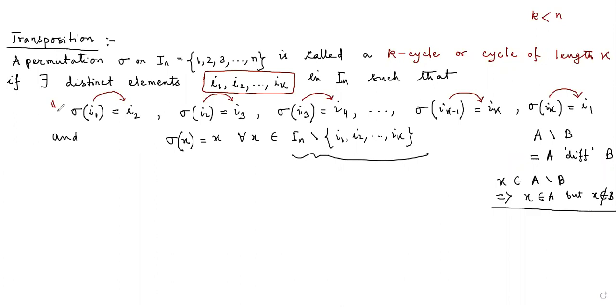So you have to be careful that I1 plus 1 doesn't give you I2. So you have to keep this in mind. But I1, I2, ..., Ik can be any of these elements 1, 2, 3 up to small n, provided k is less than n. Or it may also happen that k is equal to n. That means all the elements present in In actually form a cycle. That can also happen.